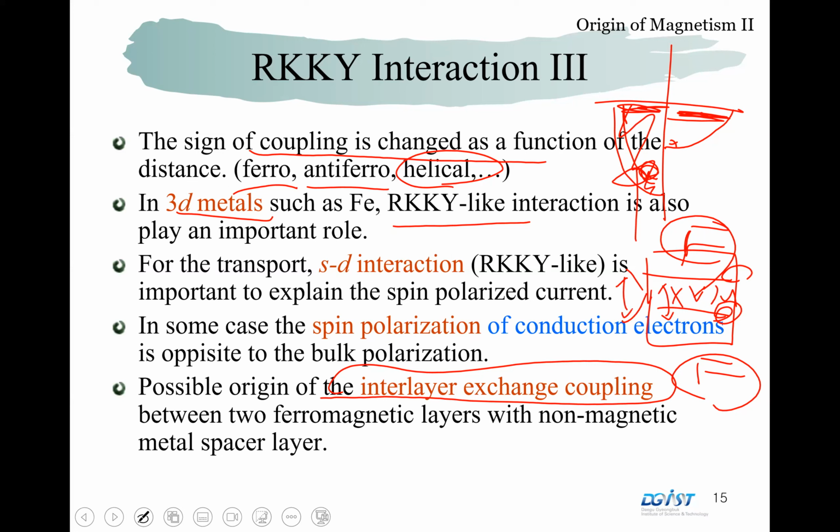So people said this came from the RKKY interaction. But the truth is the origin of this coupling is not exactly the same as RKKY. There's another kind of explanation that is physically more correct. But still, people use the name RKKY to explain this because it's easier.